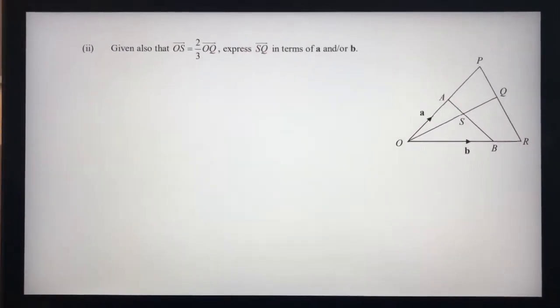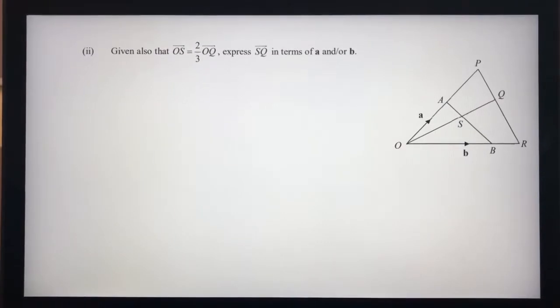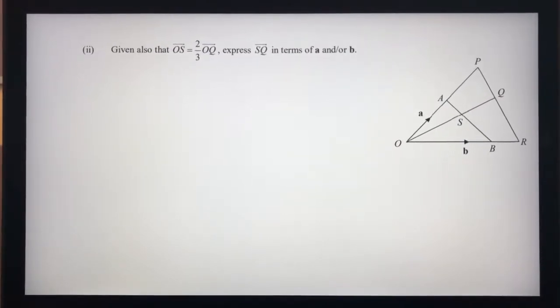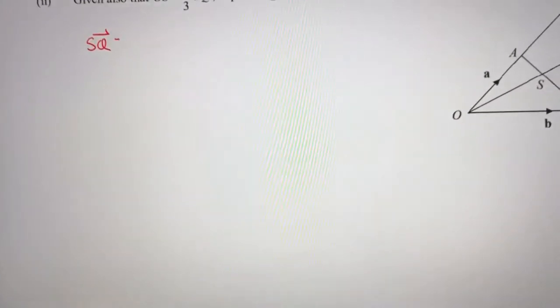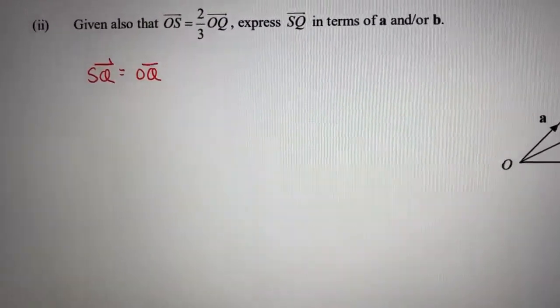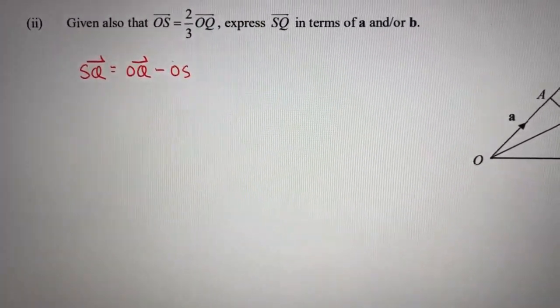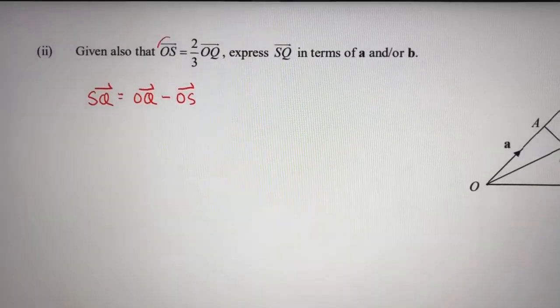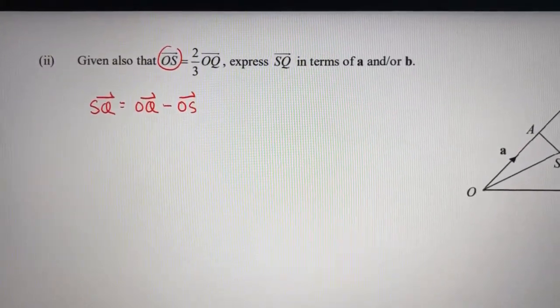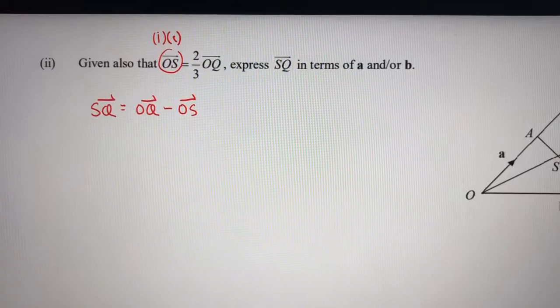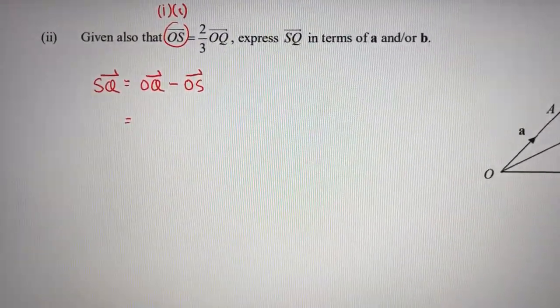Part 2. We are given vector OS equals 2/3 of OQ, express SQ. Now the vector SQ, we can again adopt a similar approach by resolving it using OQ minus OS. And since we know that the OS has been found in our previous part 1, part C, we shall tap on this answer.